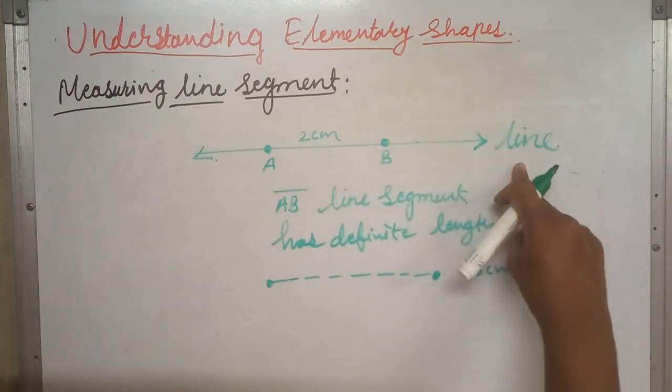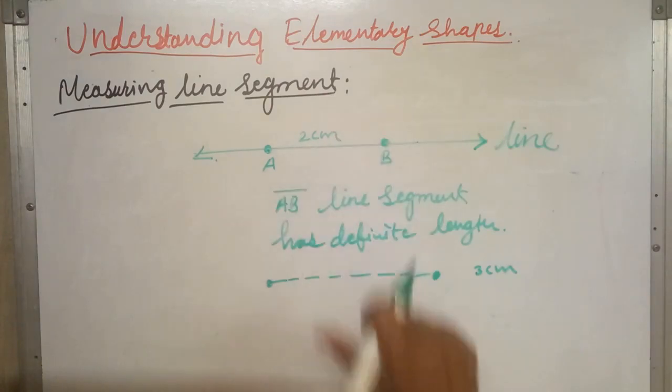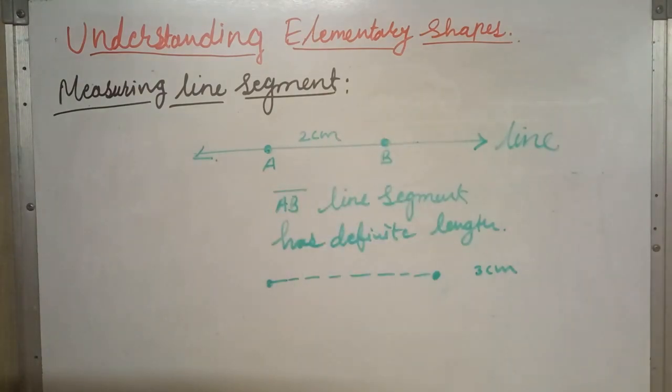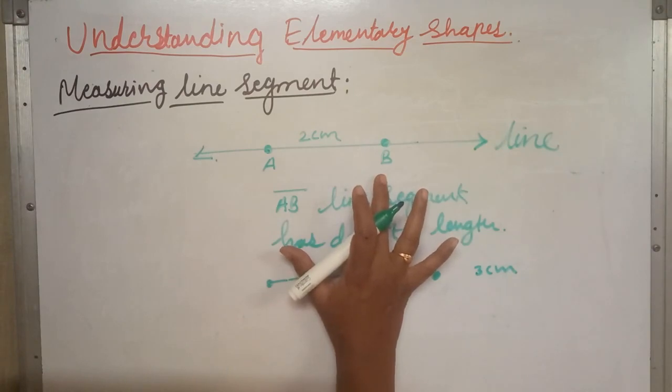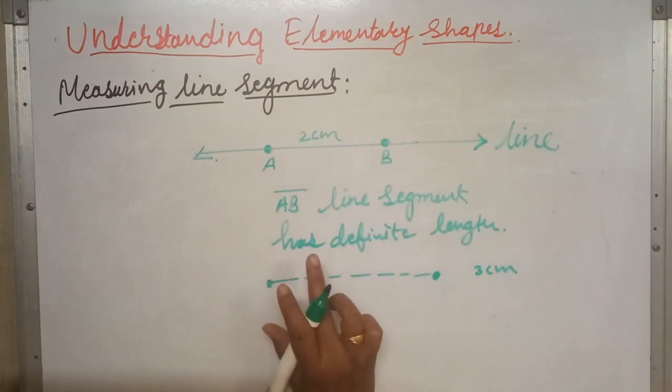Means we can't measure the line, but we can measure the line segment. And this measure of a line segment is a unique number called its length.